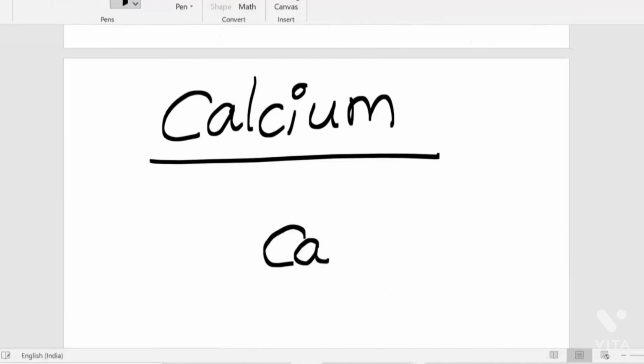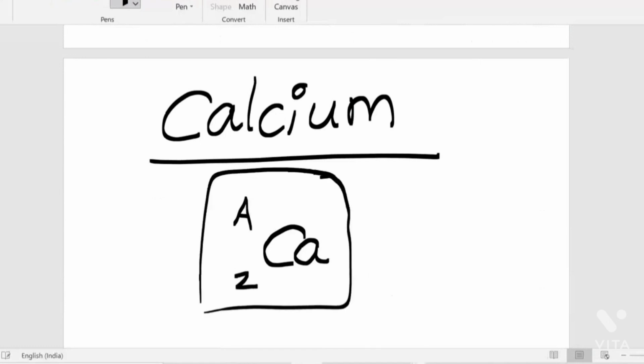Here, how do you represent calcium? First you have to write the symbol Ca, capital C, small a. Then you have to write the mass number, A, capital A, as superscript, and atomic number Z as subscript.